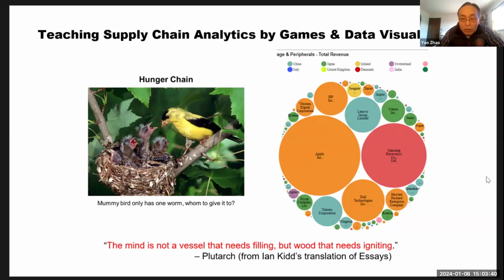Now, I believe our teaching objective is to ignite the wood, not fill the vessel. So we have to make the teaching very interesting to students so they can learn. In these 2-day events, on the first day, we'll introduce and play the Hunger Chain simulation, also known as the Supply Chain Hunger Games, for teaching shortage gaming, supply competition, and rationing.